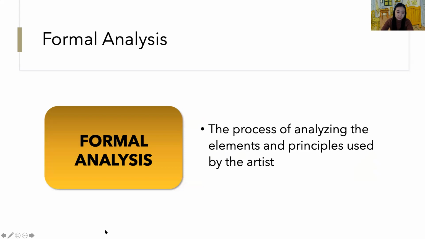The process of analyzing the elements and principles used by the artist is called formal analysis. To analyze a work of art fully and formally, one describes in specific detail how each element and principle is utilized within it.